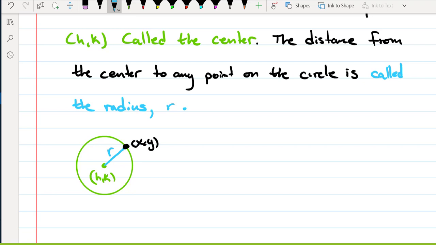Well, wait a minute. That sounds very much like our distance formula. So the distance between the center and any point is the radius.